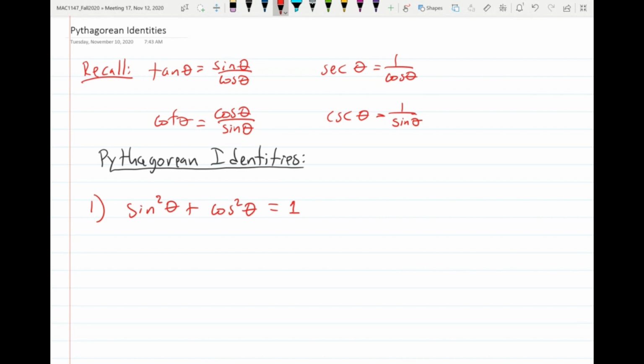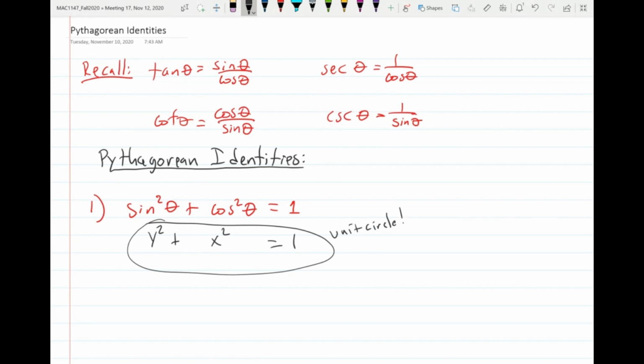And remember, the reason is because these are the coordinates of a point on the unit circle. So sine is the y, cosine is the x. So what we're basically saying here is y squared plus x squared is equal to 1. And as you know, this is the equation of a circle centered at the origin with radius 1. So this is just the unit circle.